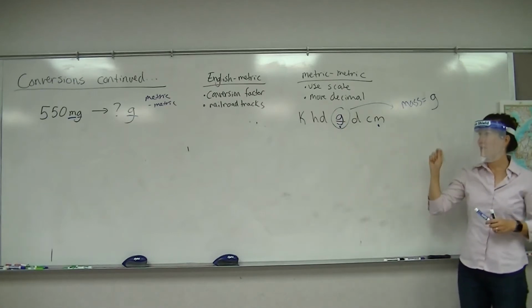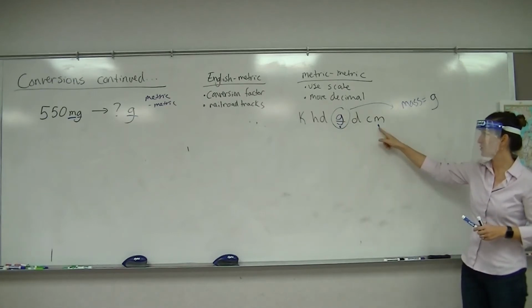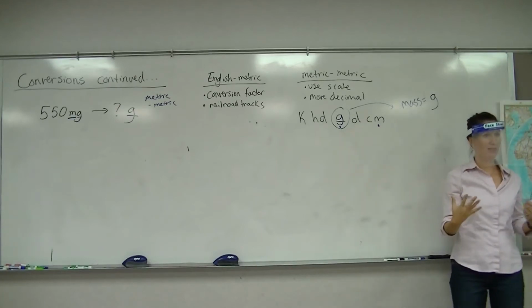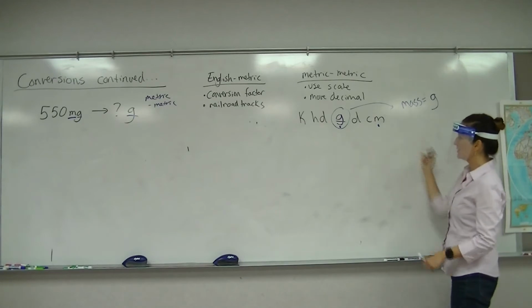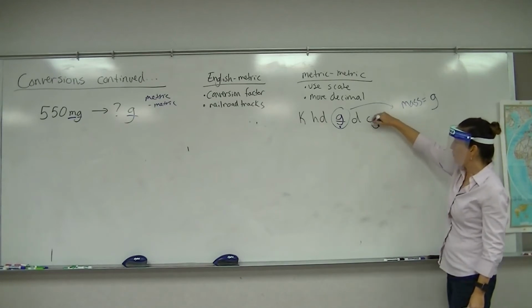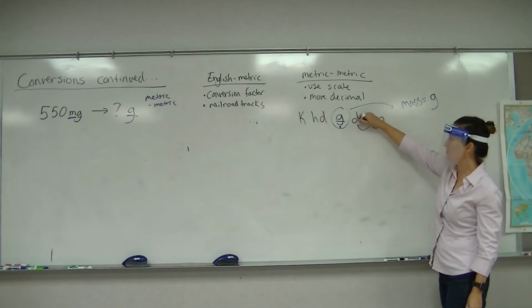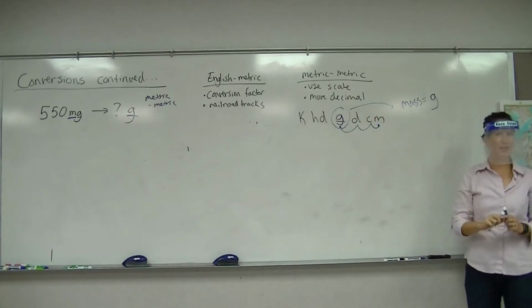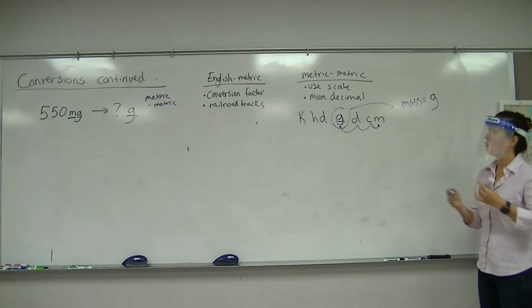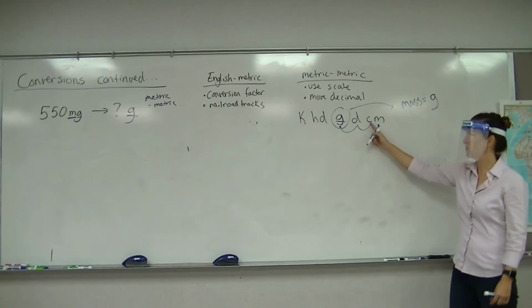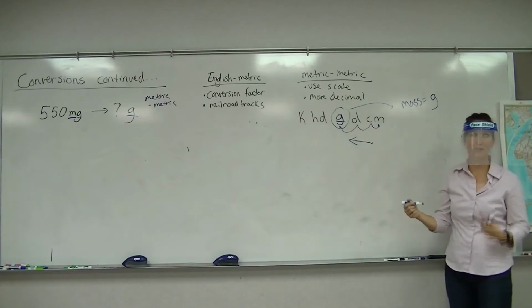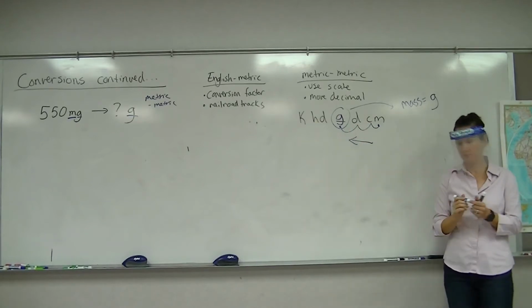To figure out how many times to move that decimal, we're just going to use each of these prefixes as a placeholder and count how many times. To go from the M to the G, I'm going 1 time to get to centi, 2 to get to deci, and then 3 times to get to the grams. So I'm going to move that decimal point 3 times. What direction? The same direction that you just went. I moved to the left, so that's what I'm going to do when I go over to the number.